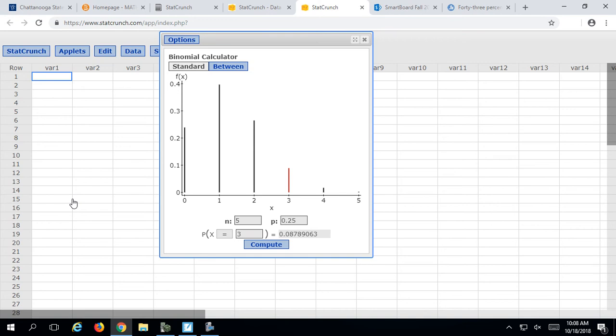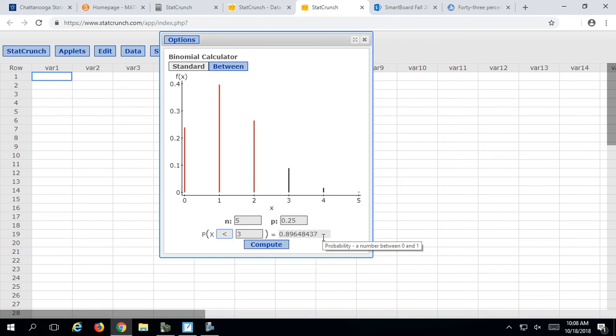Instead, with this calculator, I can just put in less than 3. I can change the equals to less than, and see it highlights 0, 1, and 2 in red. That means it's calculating those together and adding them up. So it's a very, very nice calculator. It'll help you do the homework, and you're allowed to use it on the tests.